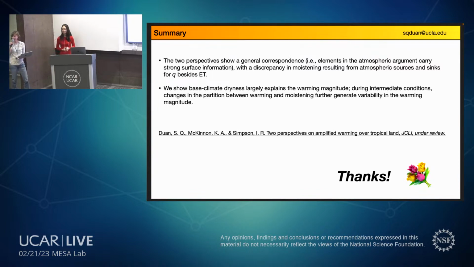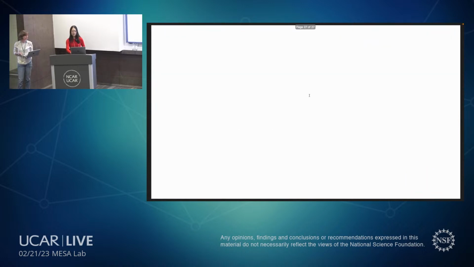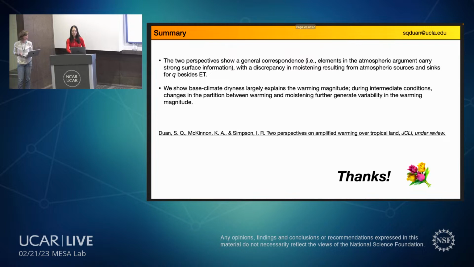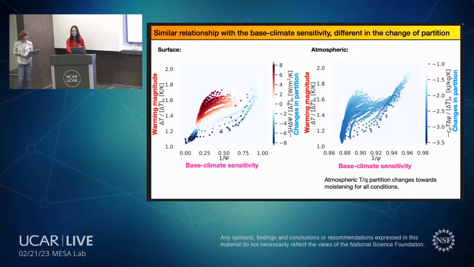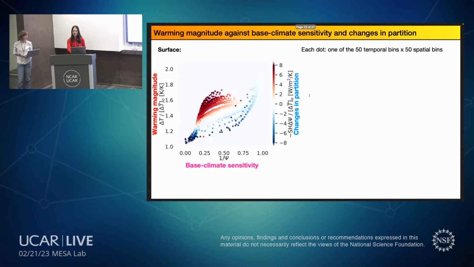Any questions for Susan? Just a quick clarification question. Is the base state or base climate dryness calculated for the mean day or the hot days? Yes, this is a good question. It is calculated considering the variability.